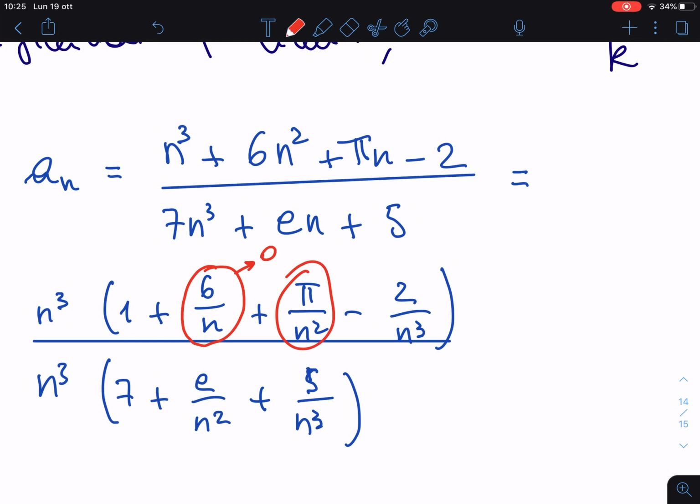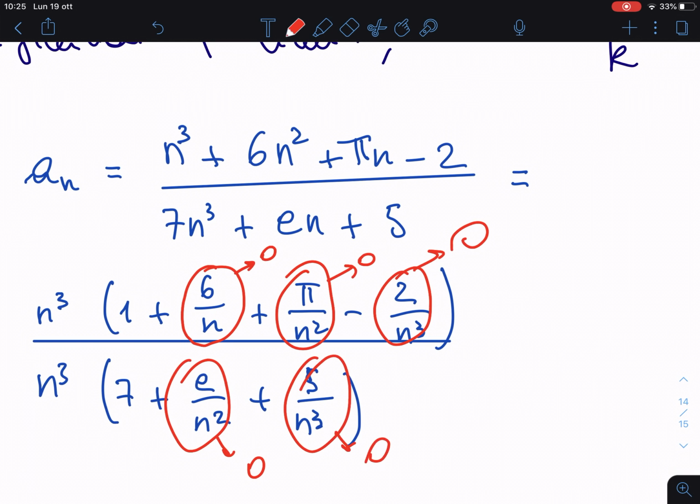The same here, pi over n squared, 1 over n squared goes to 0, multiplied by pi is 0, and so on. n cube and n cube up and down cancel each other, so we end up with 1 over 7.